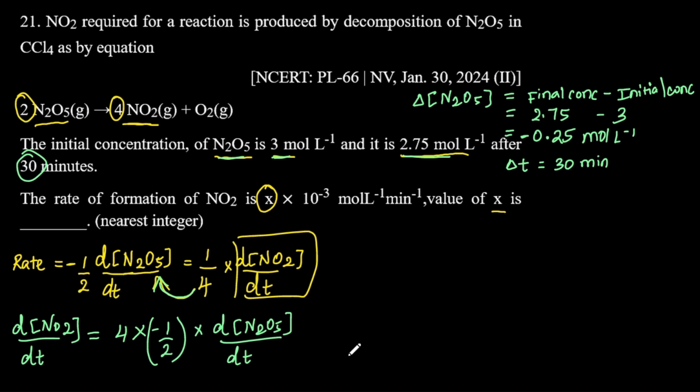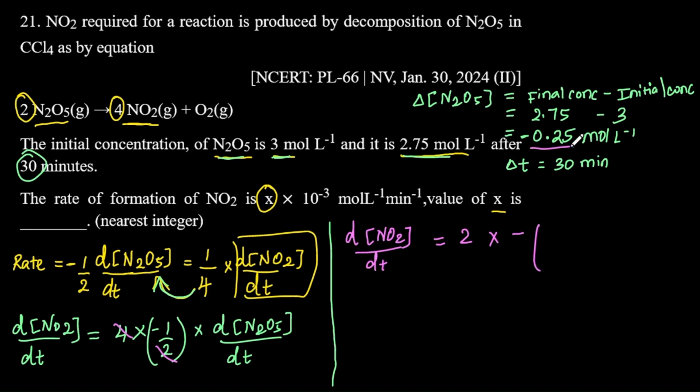So, let us substitute these values. The rate of formation of NO2 is equal to, you can cancel this and it will become 2. 2 into, already you are having a negative value. So minus, here the change in concentration of N2O5, we got the answer as minus 0.25, so it is minus 0.25 divided by the change in time dt.